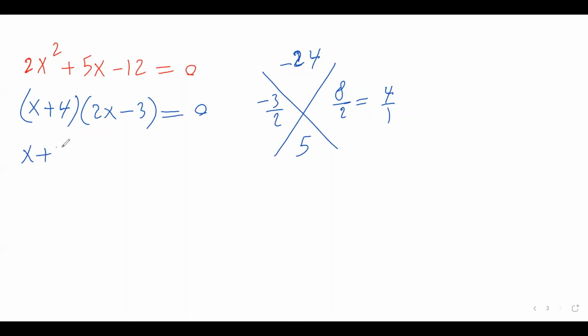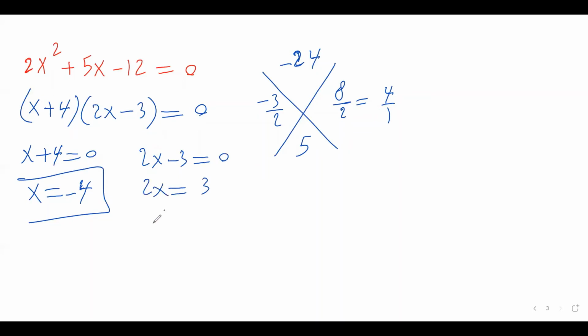So x plus 4 equals 0. Therefore, x equals -4. That's one root. And 2x minus 3 equals 0. Therefore, 2x equals +3, and x equals 3 over 2. And these are your answers, or your solutions, or the roots of this equation.